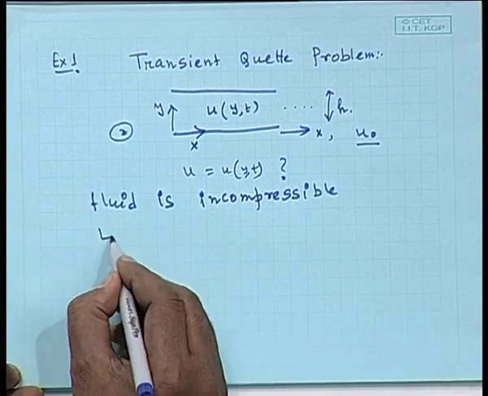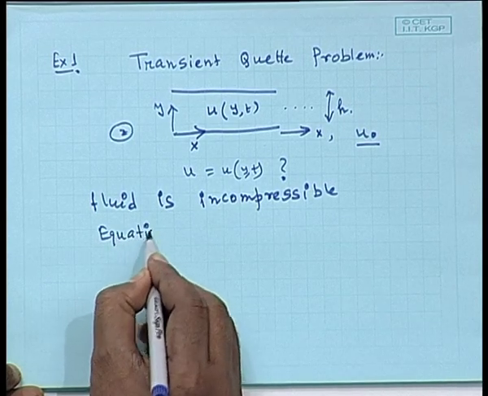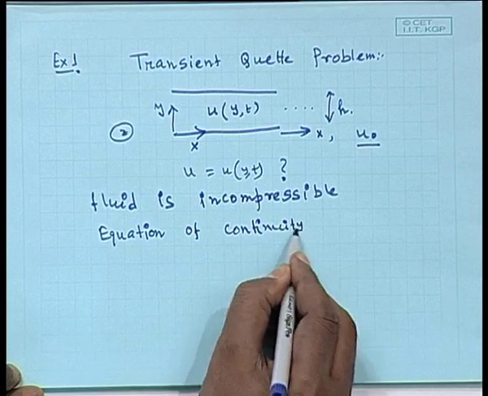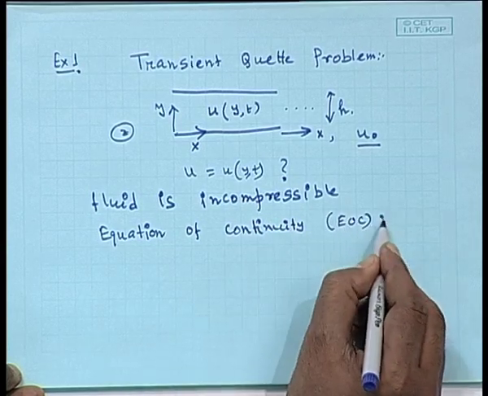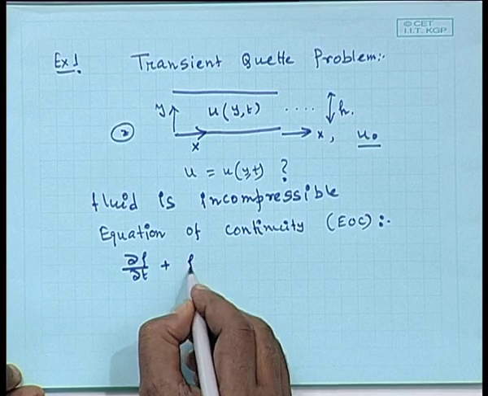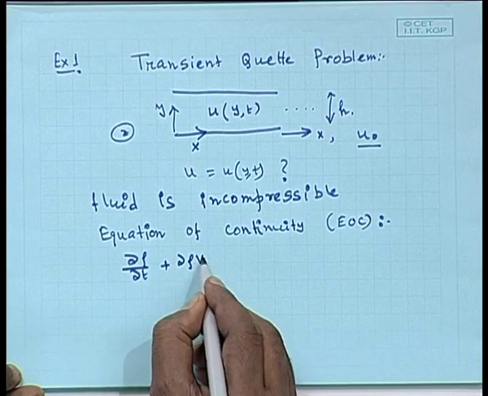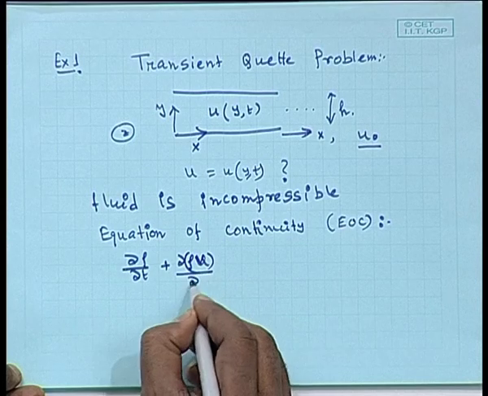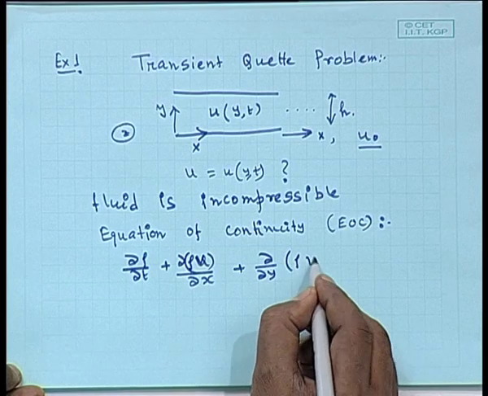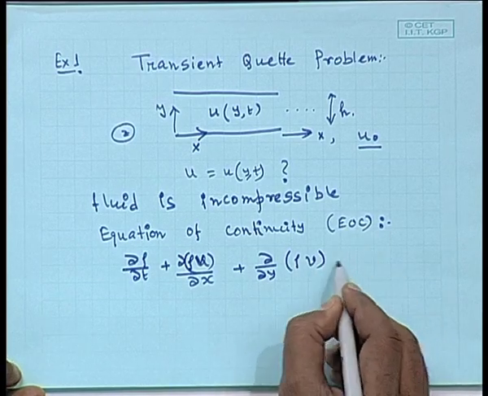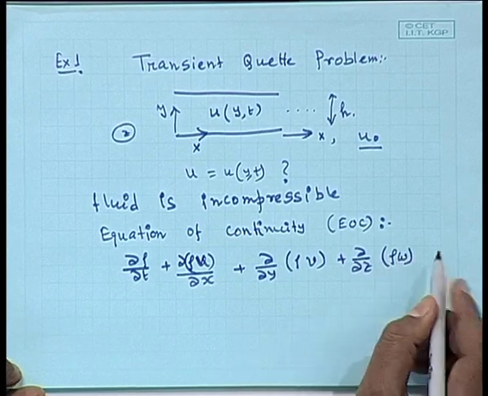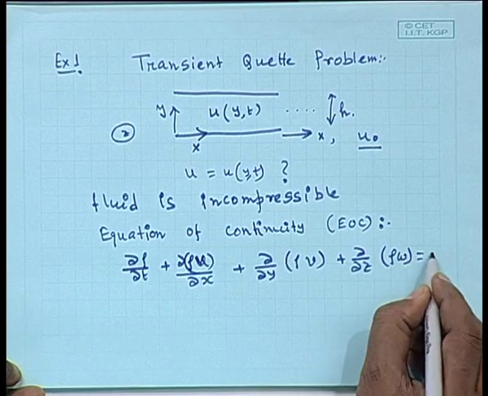Write it down: del rho del t plus del x of rho u, plus del y of rho v, the y component velocity, plus del z of rho w, the z component velocity, is equal to 0.